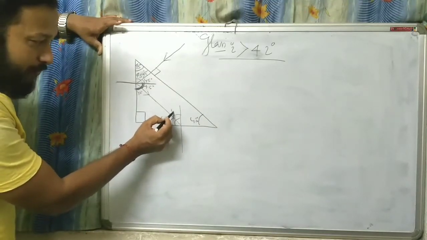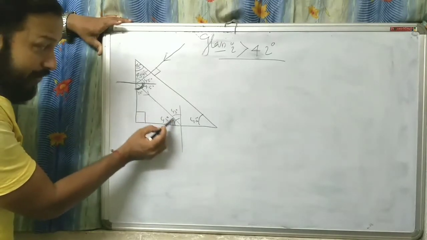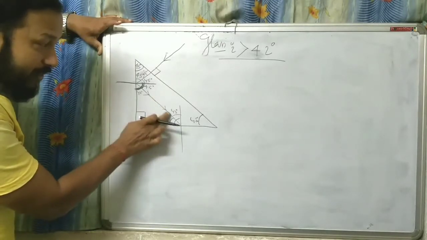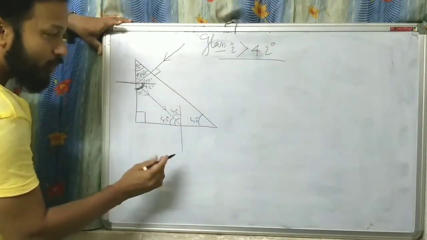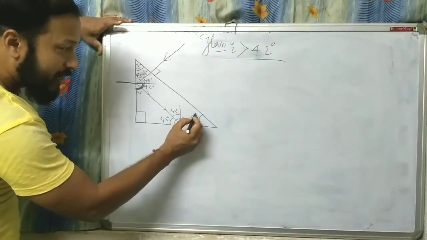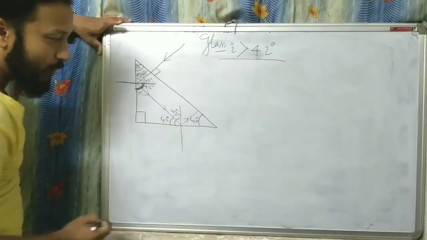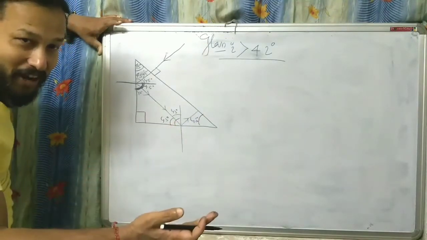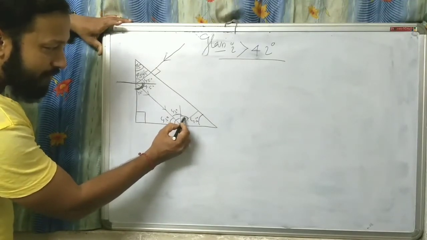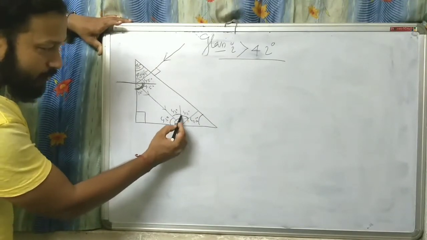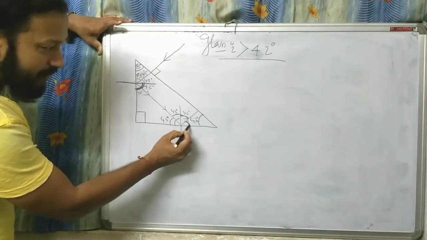This is also 45. Now again angle of incidence. Again angle of incidence is 45 degree, which is more than 42 degree. So again the total internal reflection. That means this is 45 degree, this is also 45 degree.